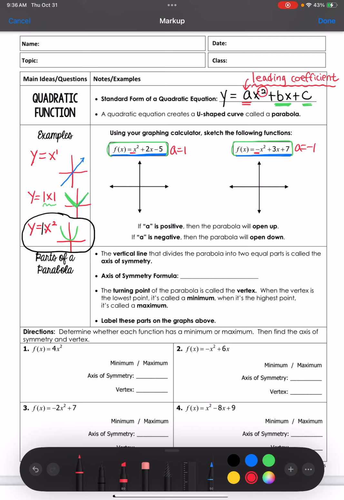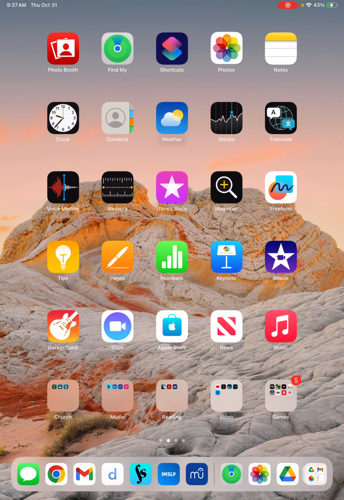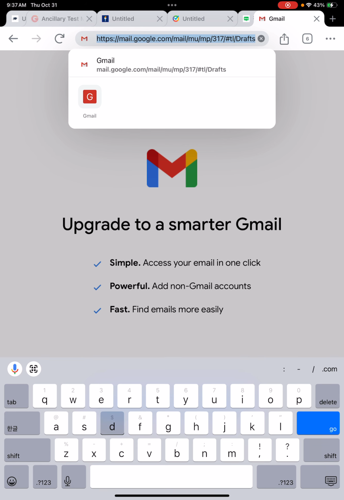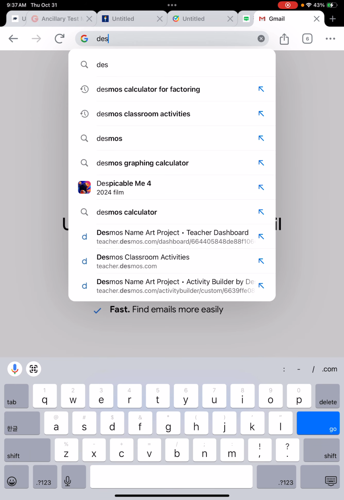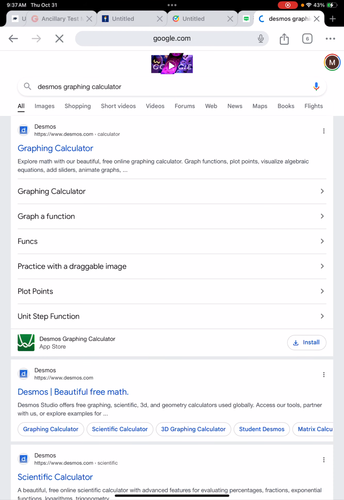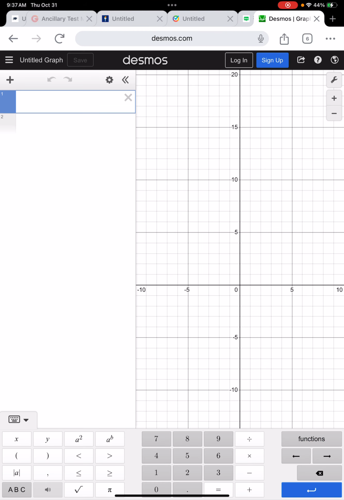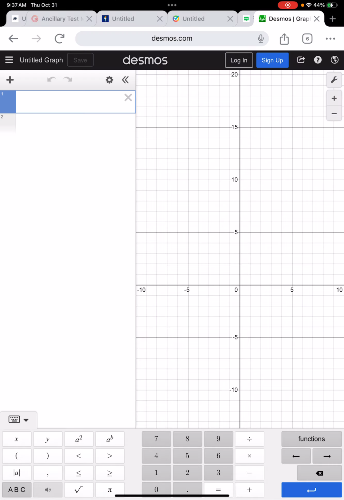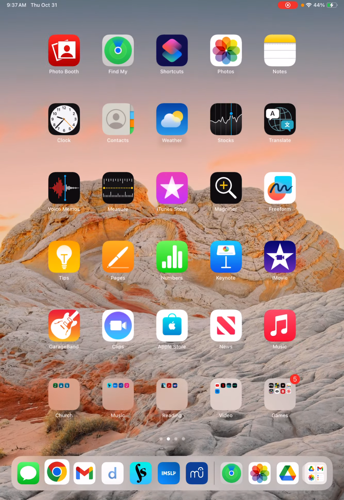So now, without further ado, I'm gonna bring out the Desmos calculator, and we're gonna try to graph those two equations. You guys can pull out your Desmos with me, and then you can type in what we had before.